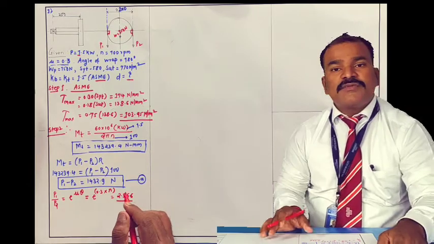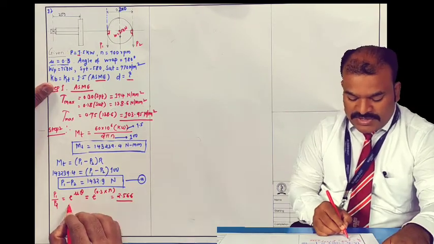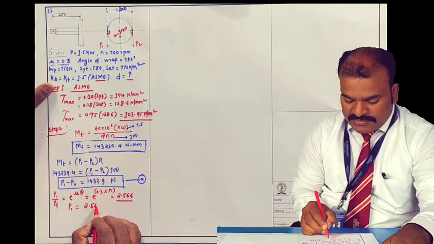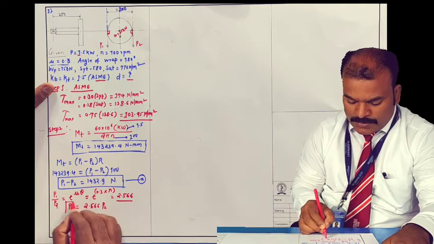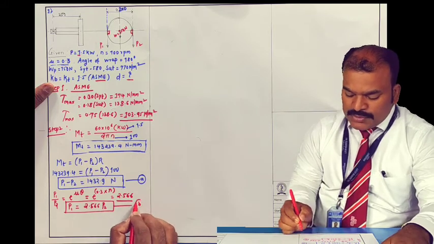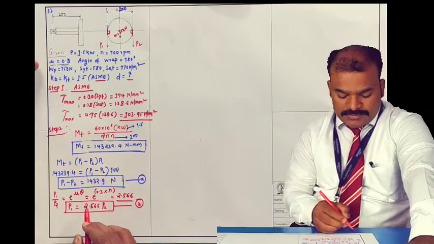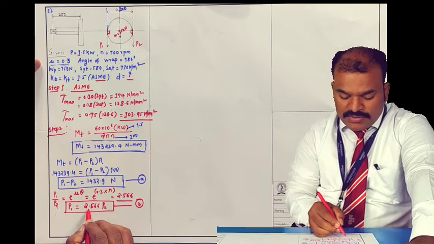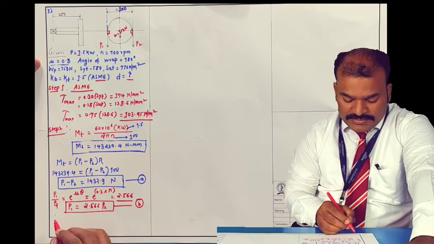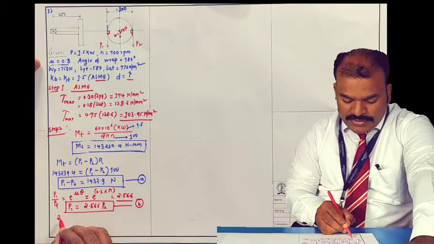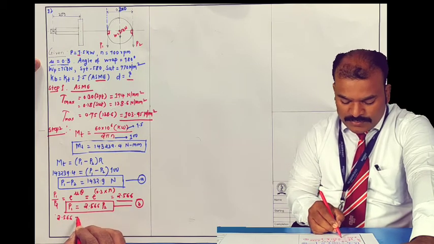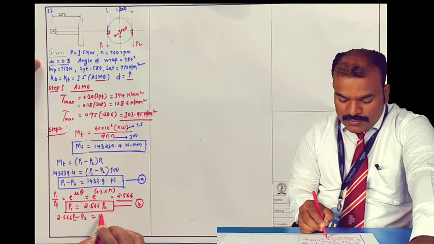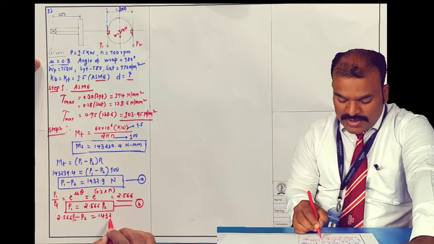So through this I can say tension on the tight side is equal to 2.566 times P2. This is equation 2. So by putting this P1 value in equation A, I'll directly write 2.566 P2 minus P2 is equal to 1432.9.